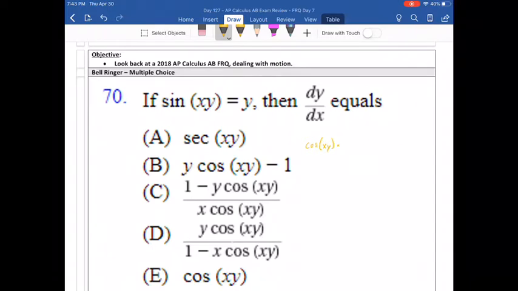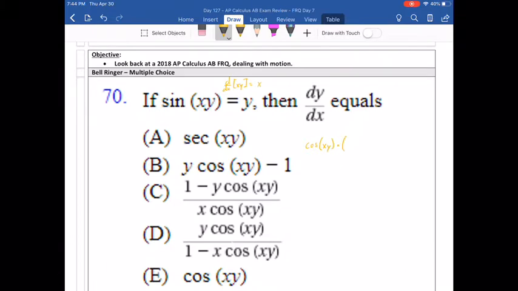To find the derivative of xy, we have to do the product rule. So let's do the product rule, and let me actually do this off to the side here. The derivative in terms of x of xy: we do the first function, x, times the derivative of y, which is just dy/dx, plus the second function, y, times the derivative of the first function, which is just 1, since the derivative of x is just 1.